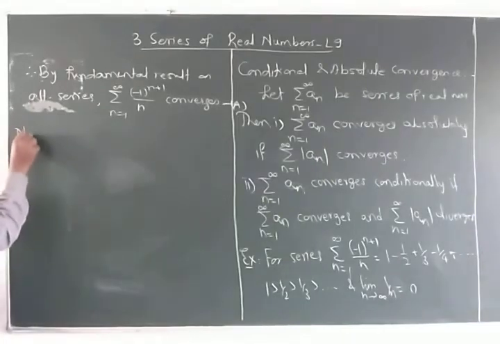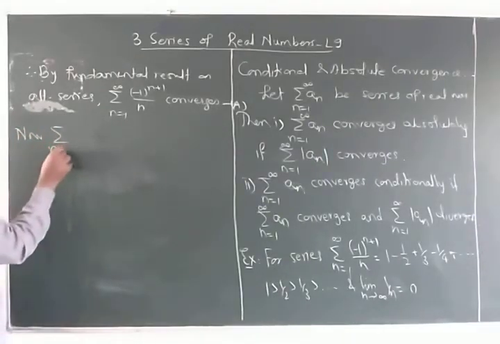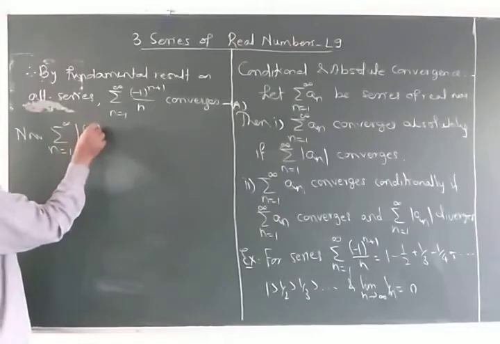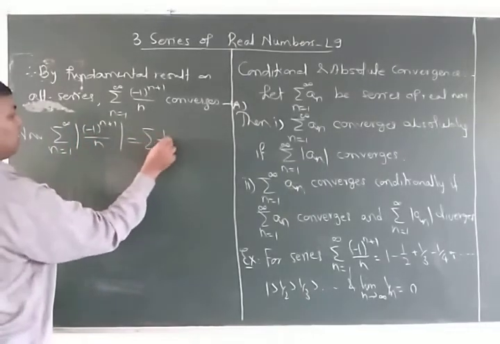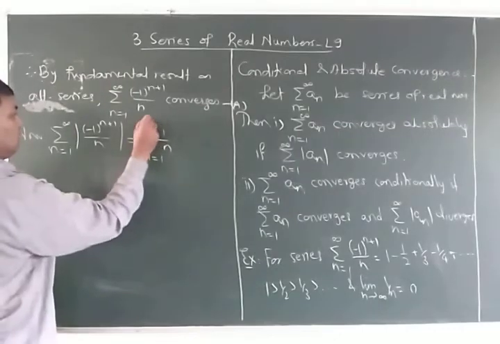Now, summation of n equal to 1 to infinity mod of minus 1 raised to n plus 1 upon n. This is just summation of 1 by n, which diverges.